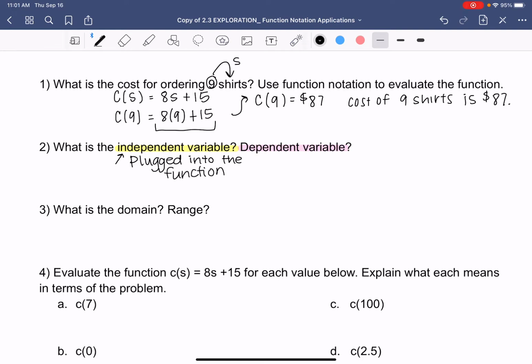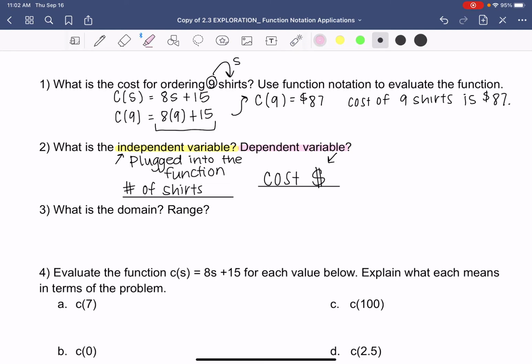In this case, we plugged in S. So your independent variable is the number of shirts. Whereas your dependent variable is what you get out of the equation once you plug it in. So what your answer is. In this case, it was the cost of shirts, or money.